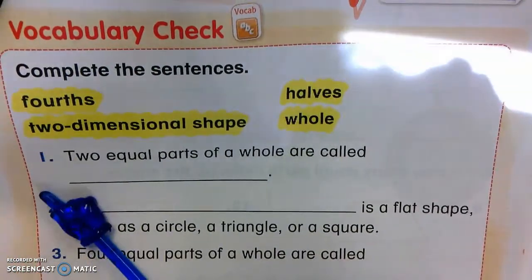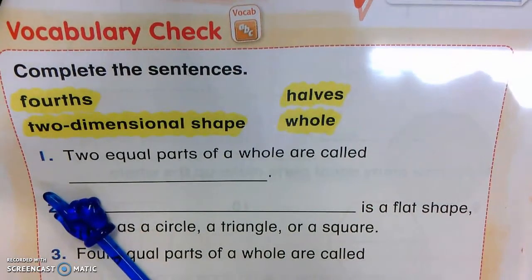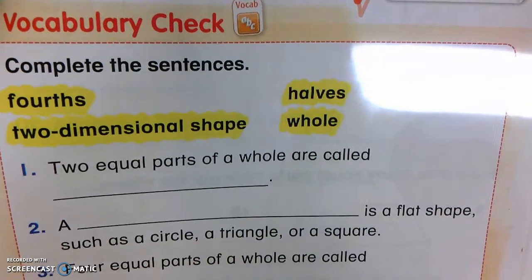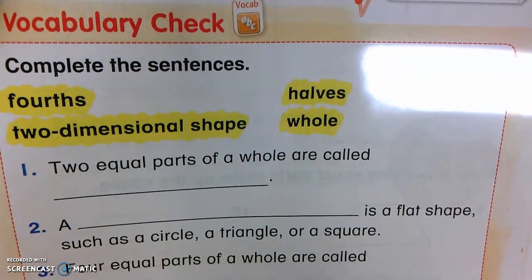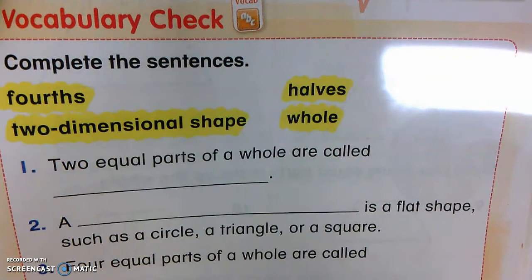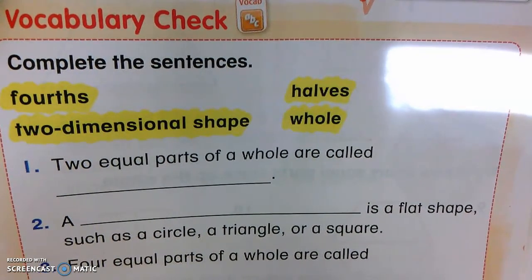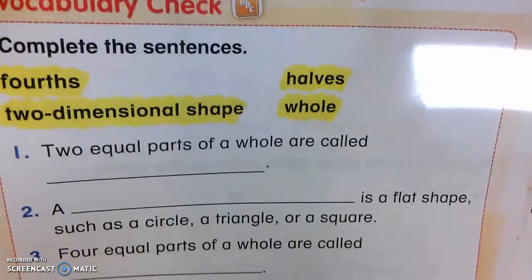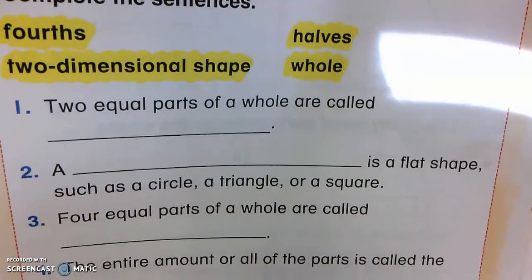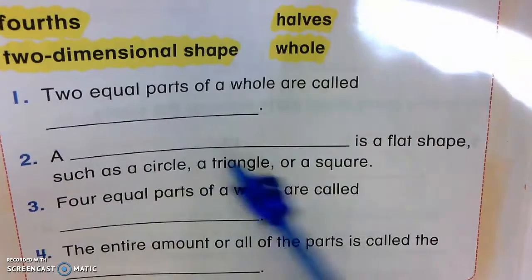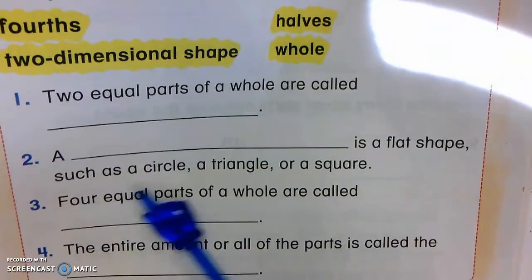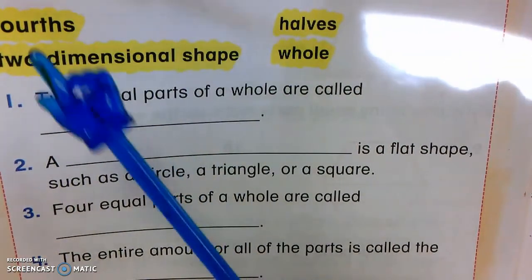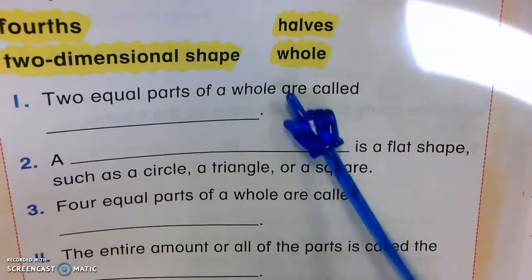So number 1, you're going to complete the sentence. 2 equal parts of a whole are called. Okay, number 2. A blank is a flat shape such as a circle, a triangle, or a square. Would it be fourths, two-dimensional shape, halves, or a whole?